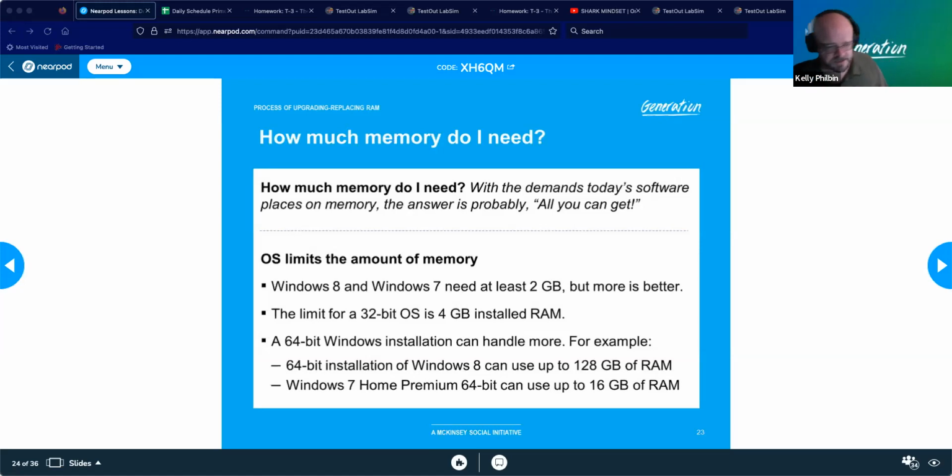It's basically, the unbuffered DIMM says it's similar to the DIMM. It just doesn't have to go through the registry or the memory controller for servers. So I guess it's distinguishing it for servers. That's what it appears like. Is that anything we'll need to know about? Because I just realized that my PC is UDIMM, and I'd never heard of that before, and I didn't really recognize it from the readings. It's just distinguishing between buffered and unbuffered. No, you should not need to know that for the exam.